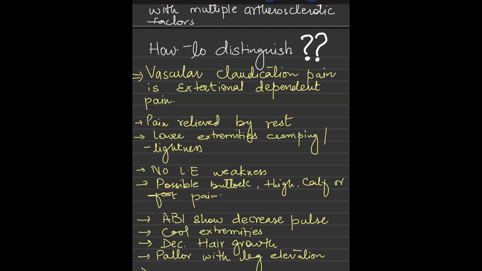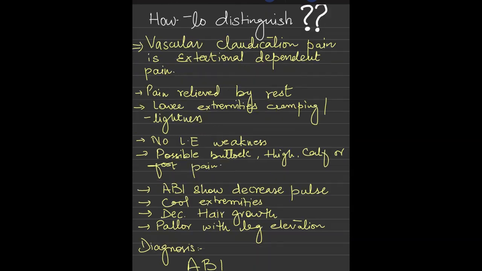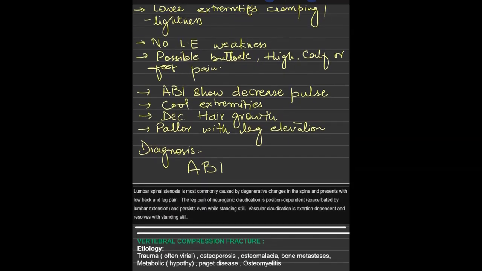But in this situation, the pain will decrease when they are at rest. Lower extremity cramping or tightness could be present. No lower extremity weakness will be present here. Buttock, thigh, calf or foot pain is possible. That's why I was saying there are many similarities between these two conditions.